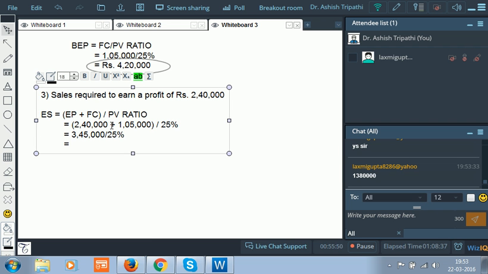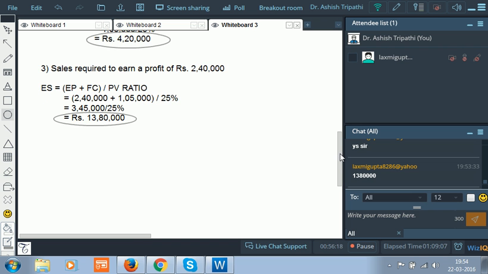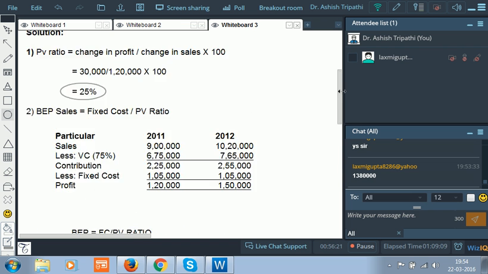3,45,000 divided by 25% will give you expected sales. So 3,45,000 divided by 25% will give you rupees 13,80,000. सही जवाब. 13,80,000 is our expected sales.